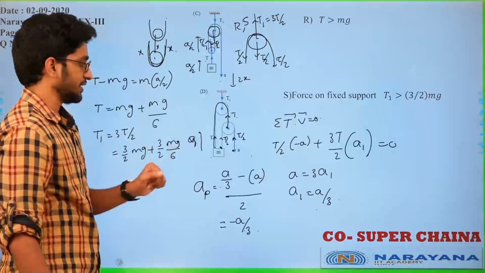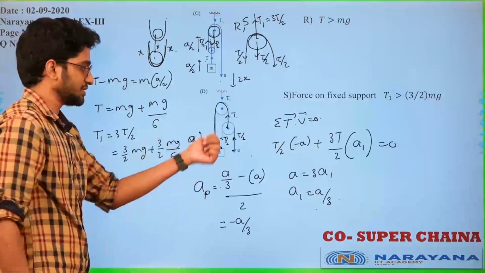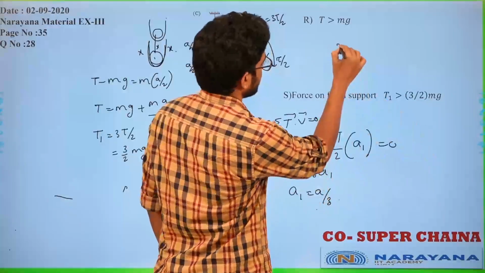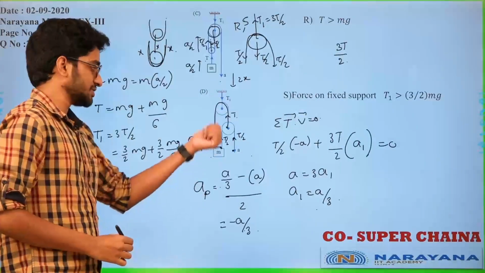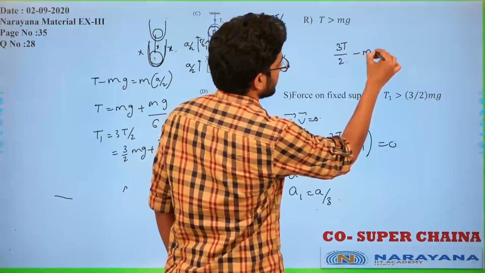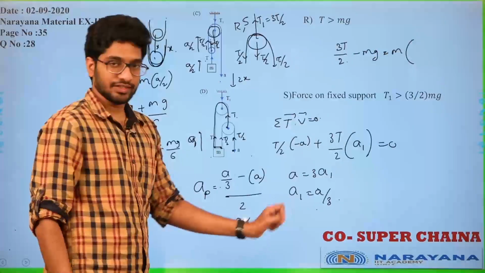Next, tension also we can find in the same way. What is the total force acting on this mass? In the upward direction it is T plus T by 2, 3T by 2. So the total force acting on this is 3T by 2 upwards, minus mg downwards, that is equal to m into its acceleration. Its acceleration is A by 3. Okay.